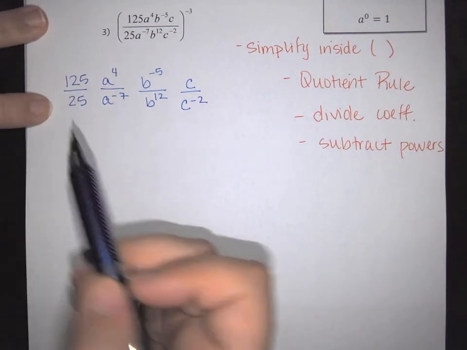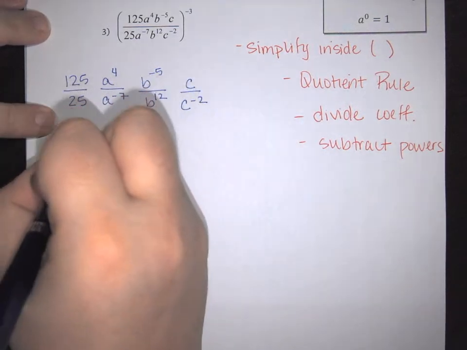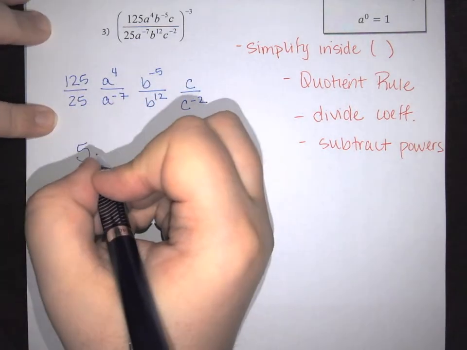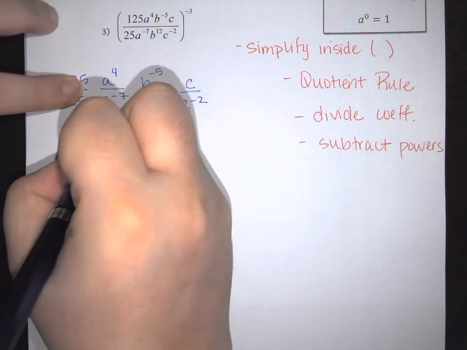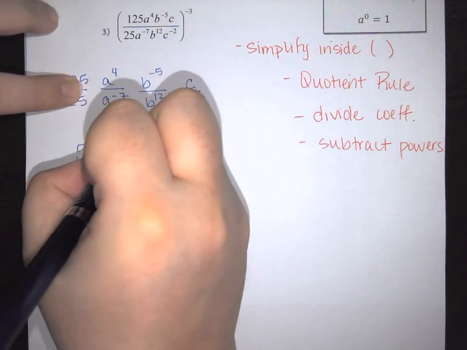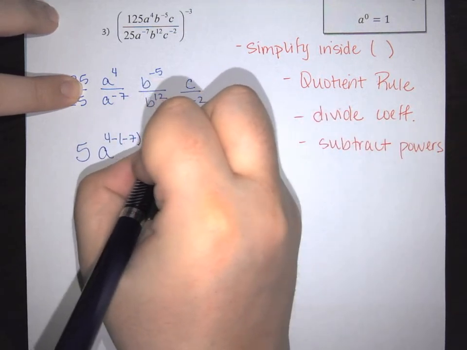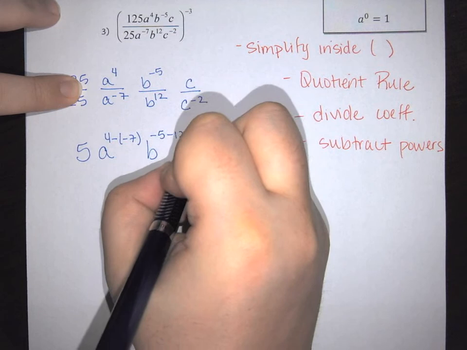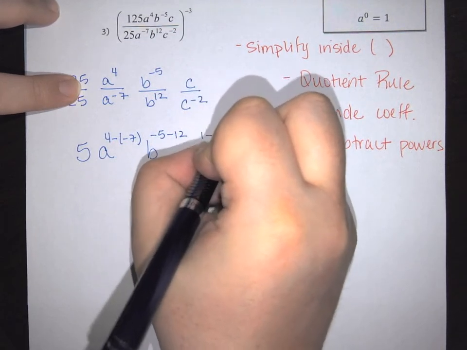So 125 over 25 is going to become a 5. And then this is going to be a to the 4 minus a negative 7, b to the negative 5 minus 12, and c to the 1 minus a negative 2.